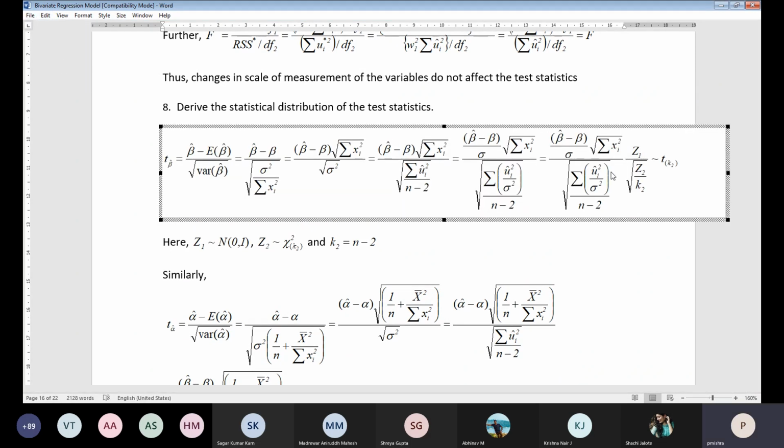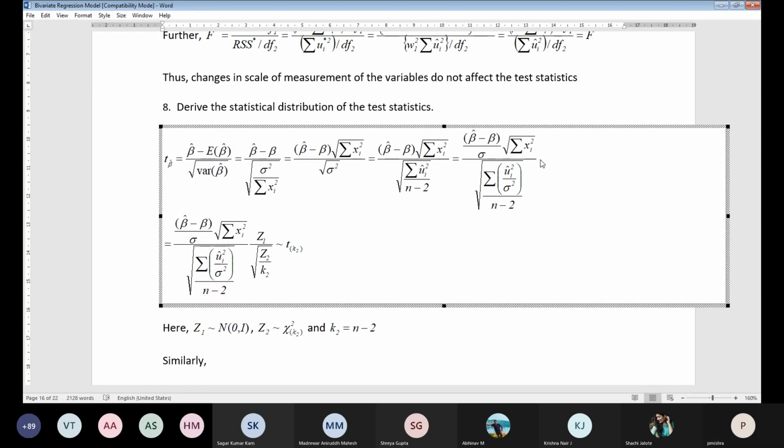Now this can be rewritten as, just drop this, minus u hat bar.